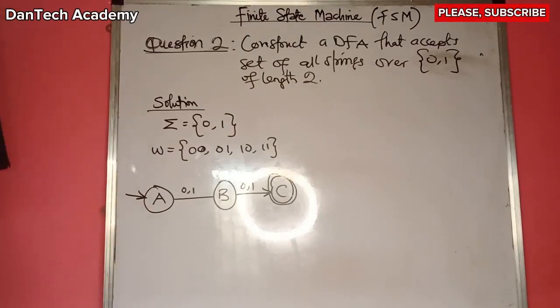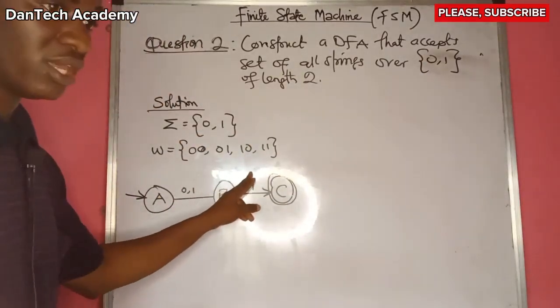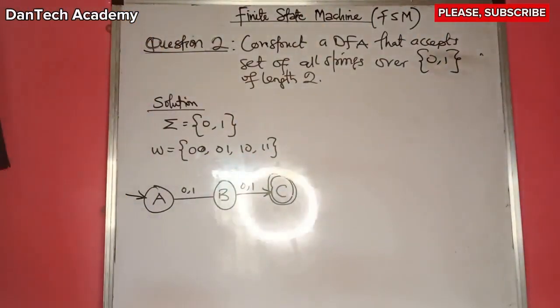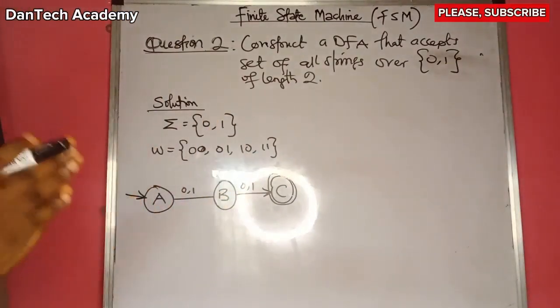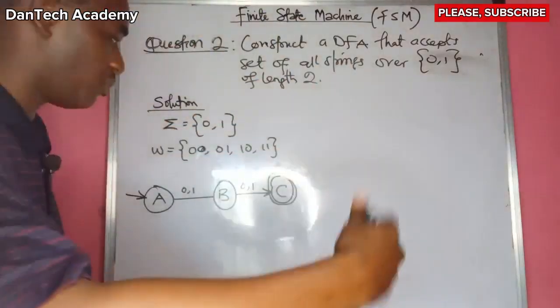Like in the first one, they said 0, we check for 0, and later we check for 1, which is not part of what they asked us to check for. That's what we want to do now. Since we have strings of length 2, we extend it to length 3, just to show that this is how length 2 looks, but I also have a string of length 3 here.